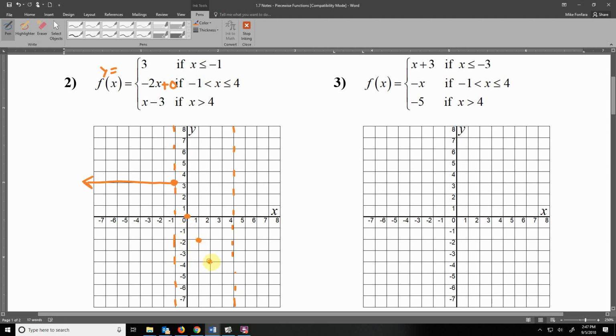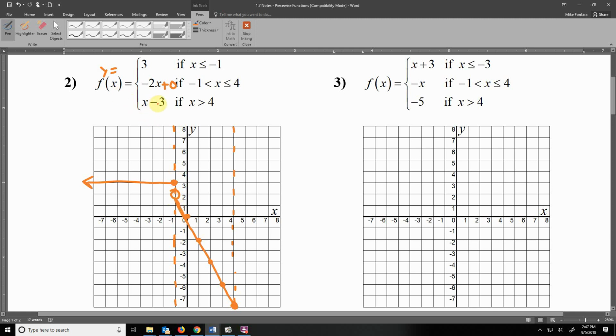And then down 2 and right 1 again, and again, and again, and that puts me on this boundary of 4, and it's less than or equal to, so I'm going to close a dot there. And then up and left keeps that negative slope, and I'm on my left boundary where it is less than but not equal to, so that will be open. So that is the second portion of my function.